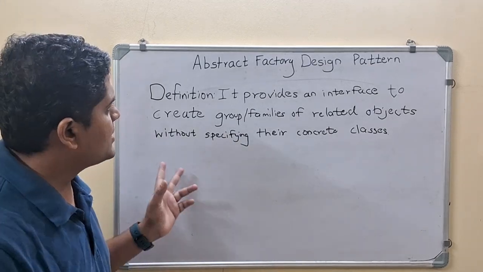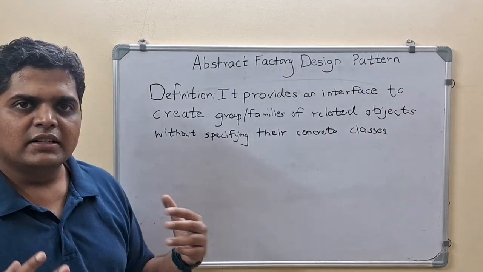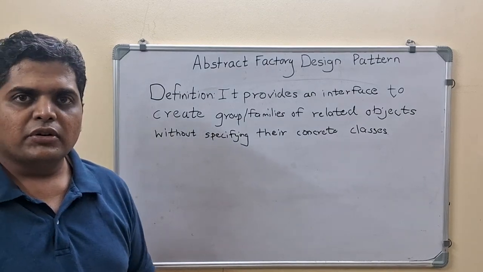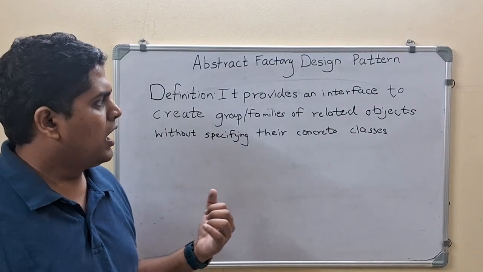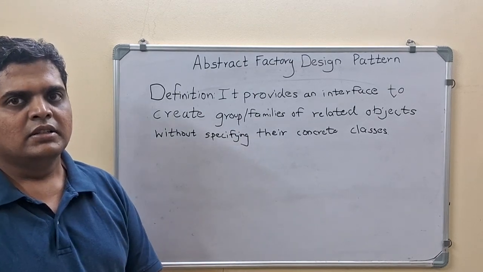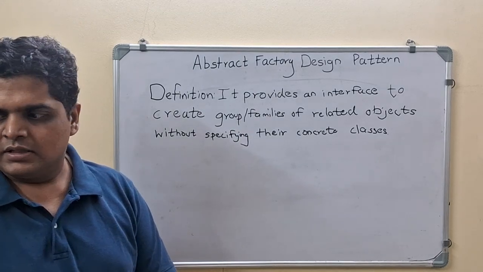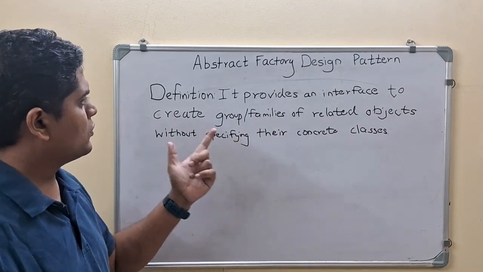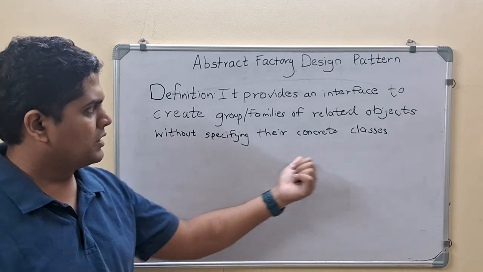The point to be noted is that through abstraction you can hide the details, and you need not go into the specific details of how to create the concrete classes. So that is the important point. That is the definition: it provides an interface to create families of related objects without specifying the concrete class.